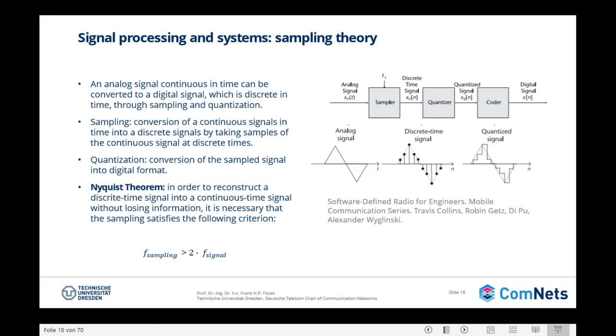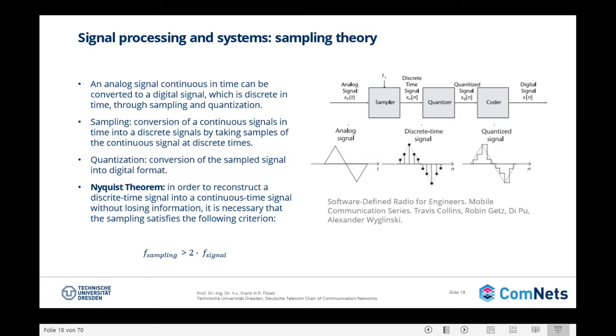Another important fact to consider when we are analyzing periodical signals is sampling and quantization. Here, we have an analog signal that is continuous in time, and this signal can be converted into a digital signal, which is discrete in time, through sampling and quantization.